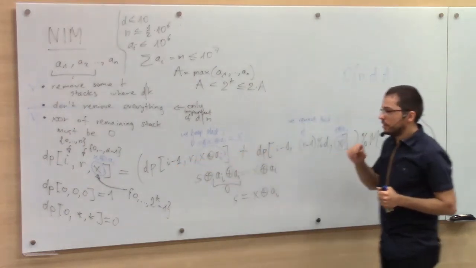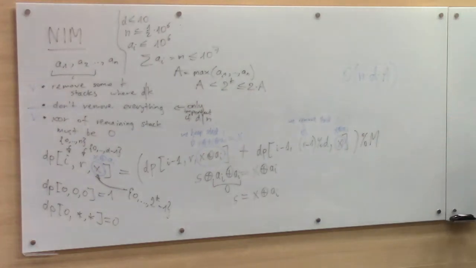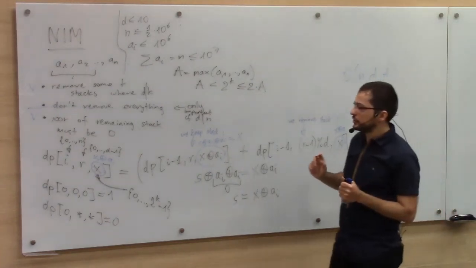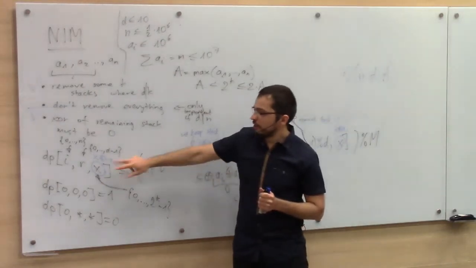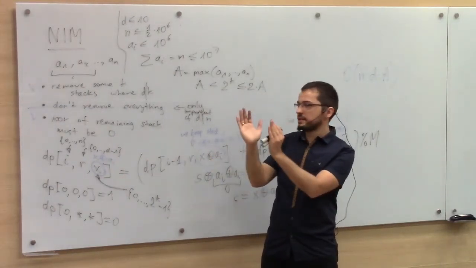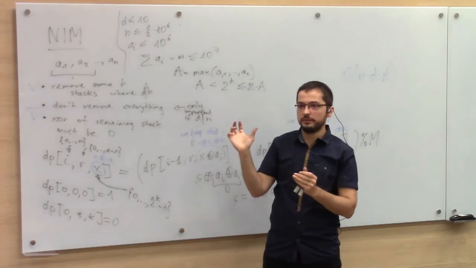Okay, so what can we do? We can have only 1 row, and we can do the calculations for the pairs x and x plus ai separately.